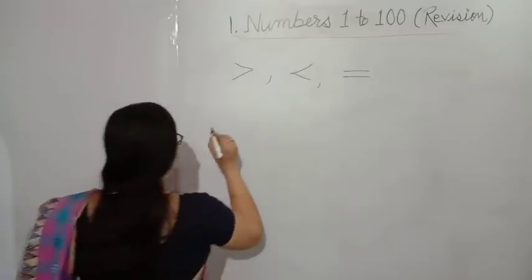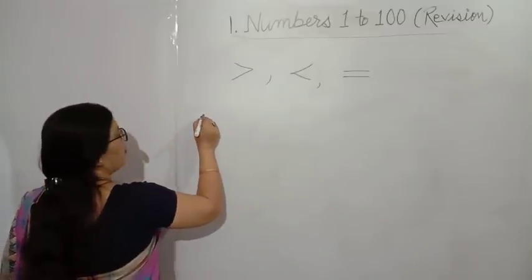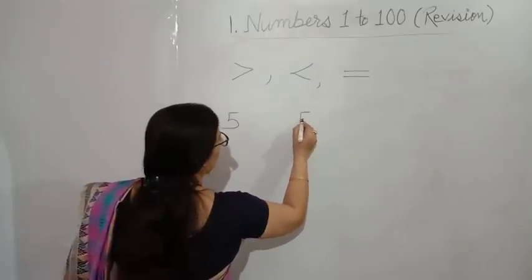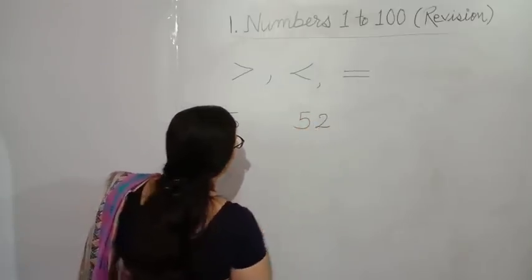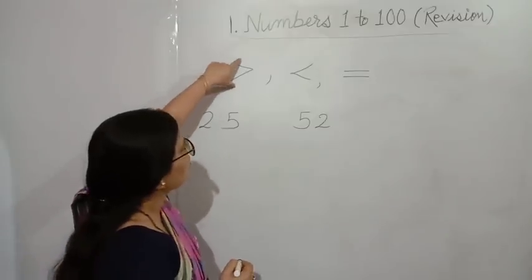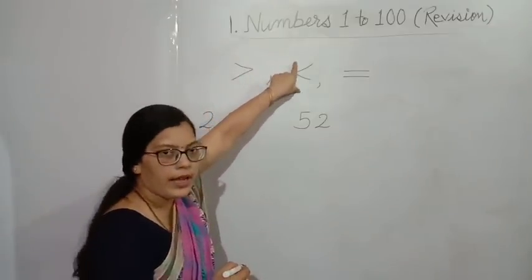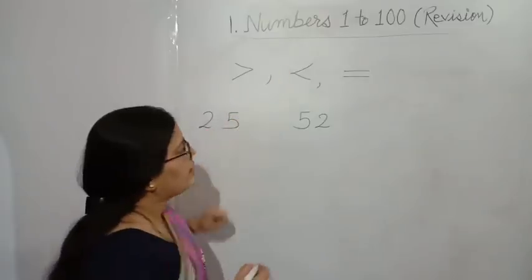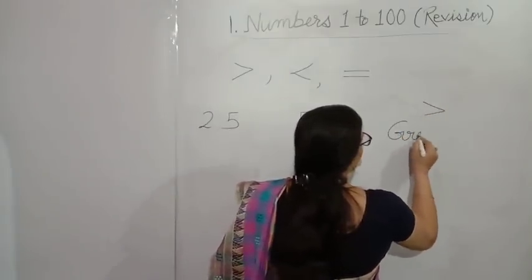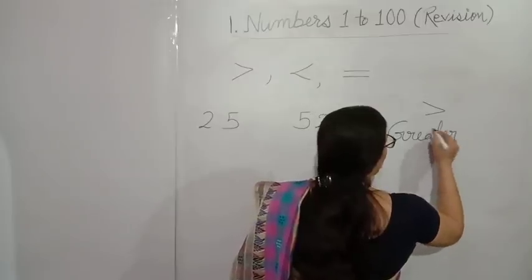Now suppose I am giving two numbers to compare. Here you don't have to write bigger or smaller, you have to use these signs, greater than and smaller than. See here, this is the greater than sign.